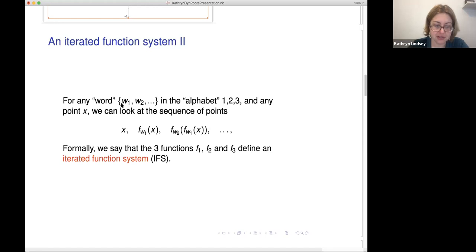Whatever the first vertex is, so maybe w1 is 3, the point that you would get would be f3 of x. And then you do whatever the second one is, and you apply f of that second vertex to what you had, and so on. Okay, so formally, we say that these 3 functions, f1, f2, and f3, define an iterated function system.